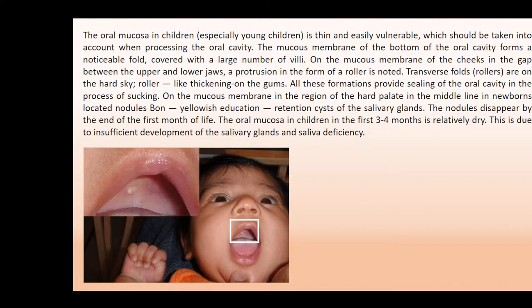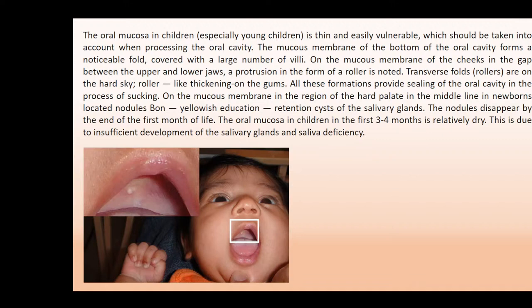The mucous membrane of the bottom of the oral cavity forms a fold covered with a large number of villi. On the mucous membrane of the cheeks, in the gap between the upper and lower jaw, a protrusion in the form of a roller is noted.